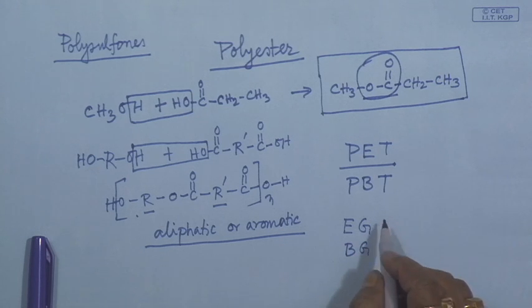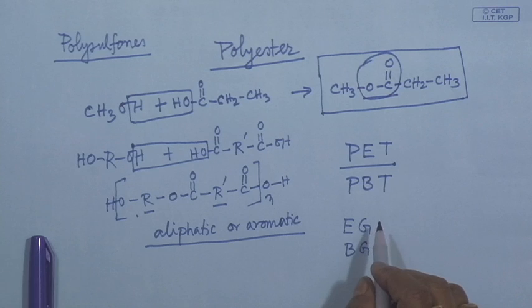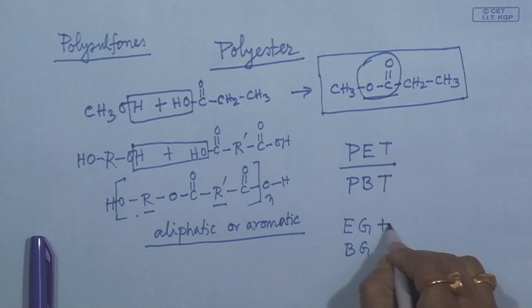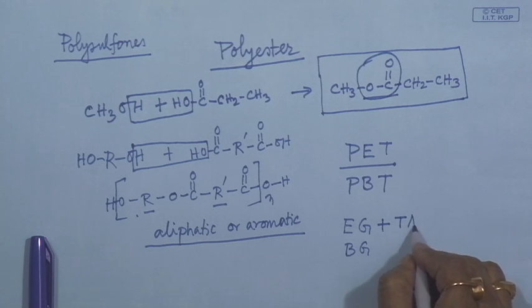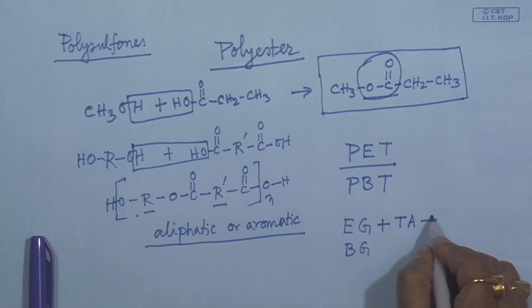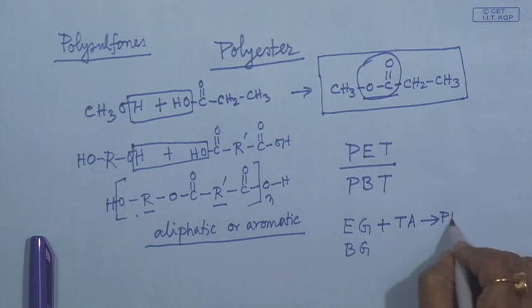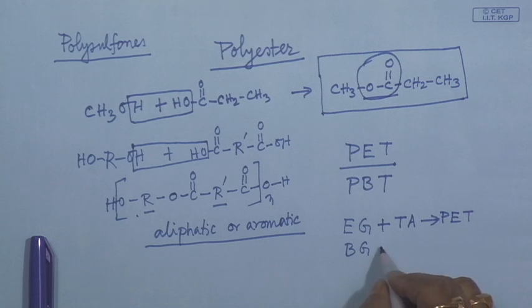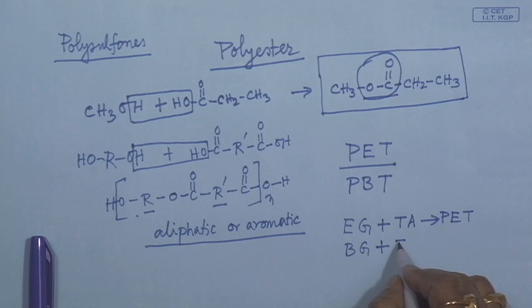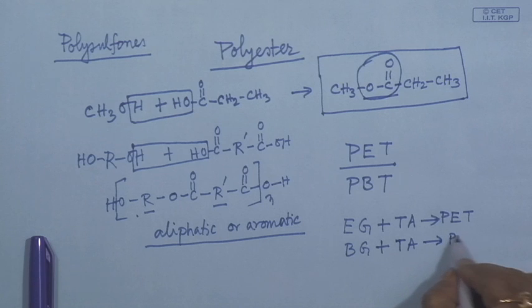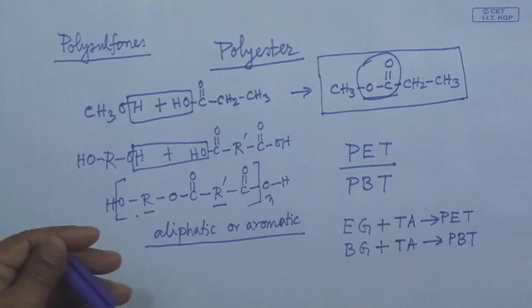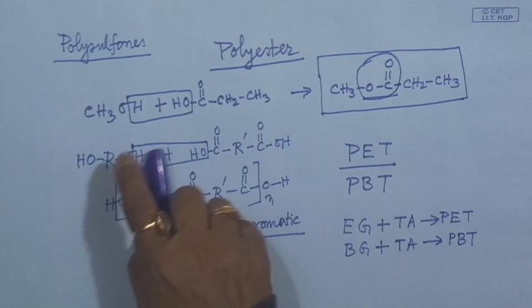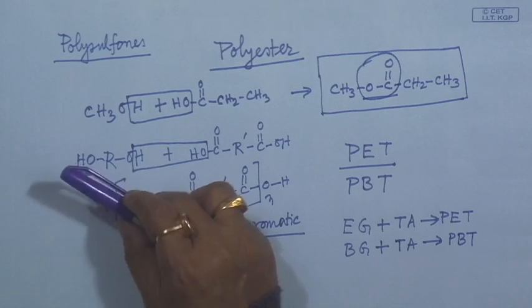If this ethylene glycol is condensed with terephthalic acid, we get PET, and if this butylene glycol is condensed with terephthalic acid, we get polybutylene terephthalate, PBT. But the properties of these two different polyesters are not the same.